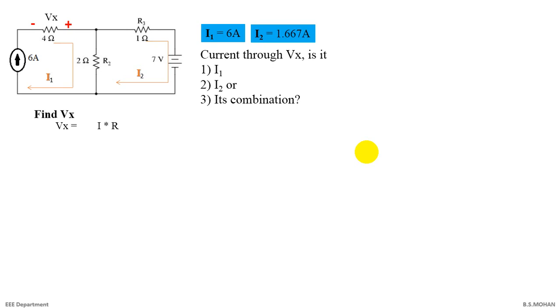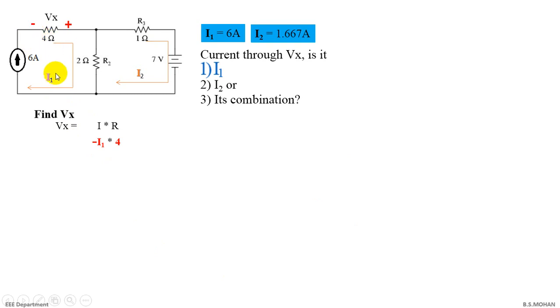What is the current flowing through Vx, or what is the current flowing through 4 ohms? The current flowing through 4 ohms is I1, right? So we would write that as minus I1. Why is it minus I1? The current I1 hits the negative polarity of Vx first, and that's the only reason why I1 is negative.